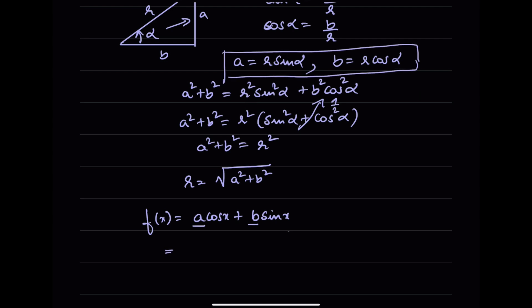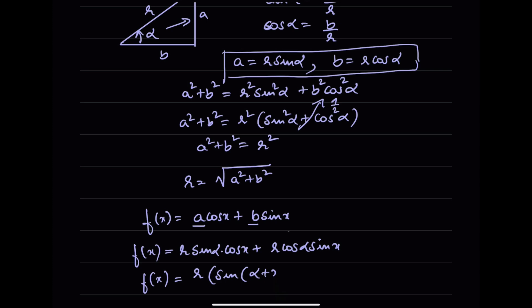So this would be r times sine alpha cos x plus r times cos alpha sin x. This is nothing but f of x, which changes to r times sine of alpha plus x. Correct?